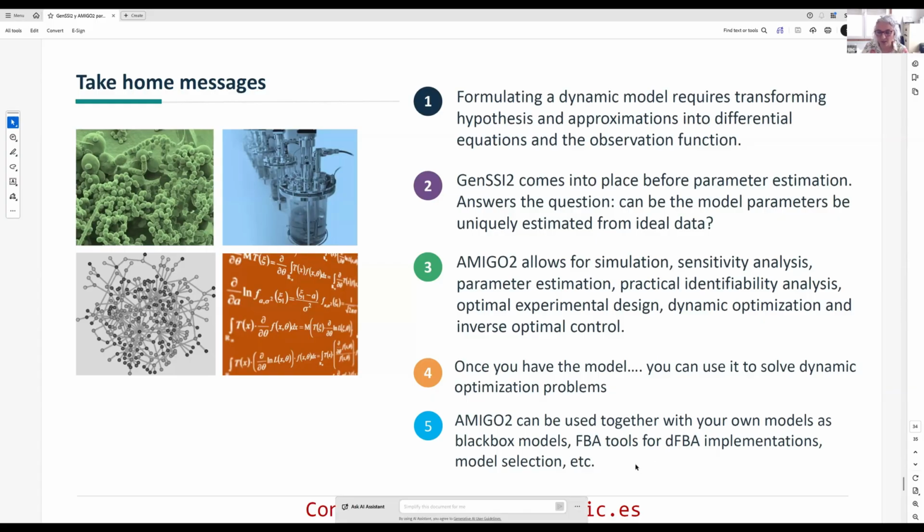We have combined it, for example, with the COBRA Toolbox or NumPy to solve dynamic flux balance analysis systems. And you could also use, for example, the dynamic optimization module to implement optimal experimental design for model selection, etc.